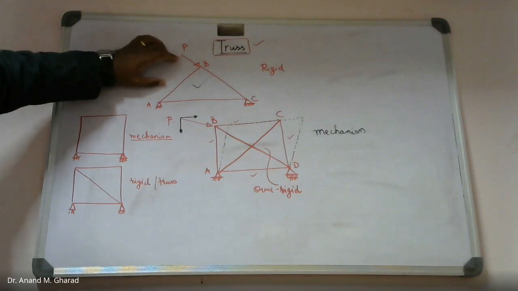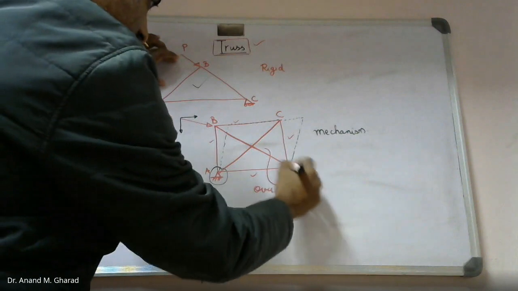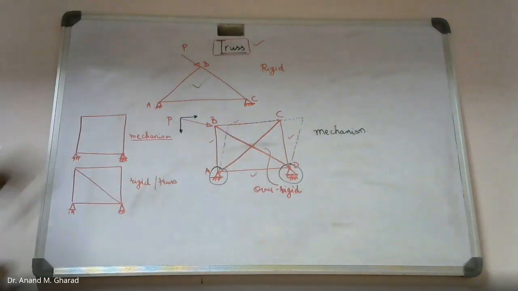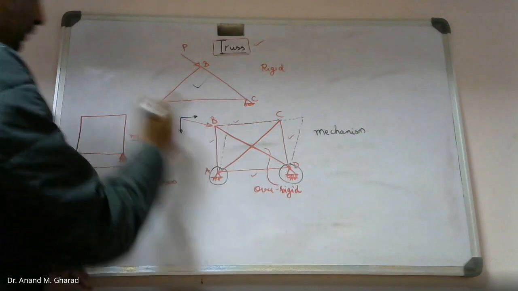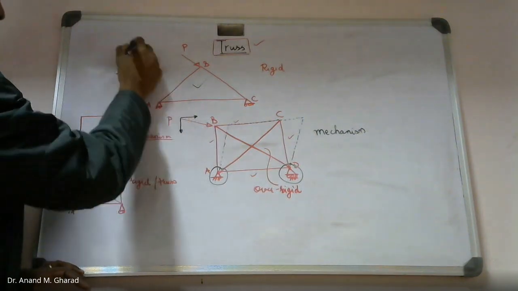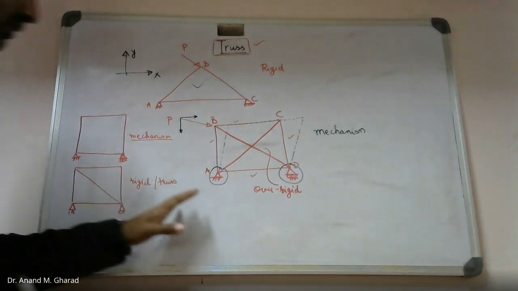Before analyzing a truss, I will discuss these points or joints, and why I have considered one hinge and one roller support. Now just try to understand. Whatever discussion we are doing is with respect to two dimensions, that is the x and y axes. Two dimensional analysis we are studying.